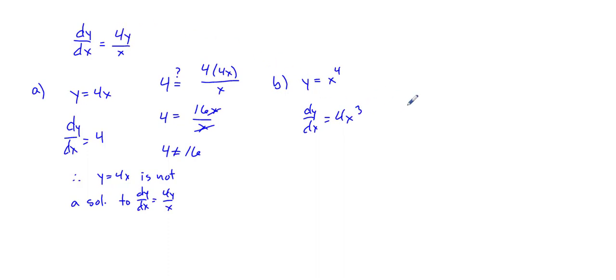We can substitute that in the left side. 4x cubed equals 4 times, okay, y is x to the 4th, and then we have x down here, and we're checking to see if it is true. Well, one of these cancels one of these. Oh, it is. Therefore, y equals x to the 4th is a solution to the differential equation. Okay? Questions on that?